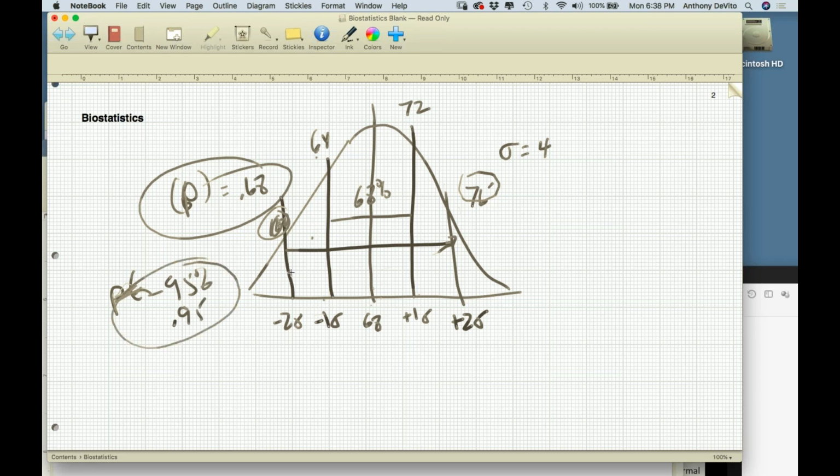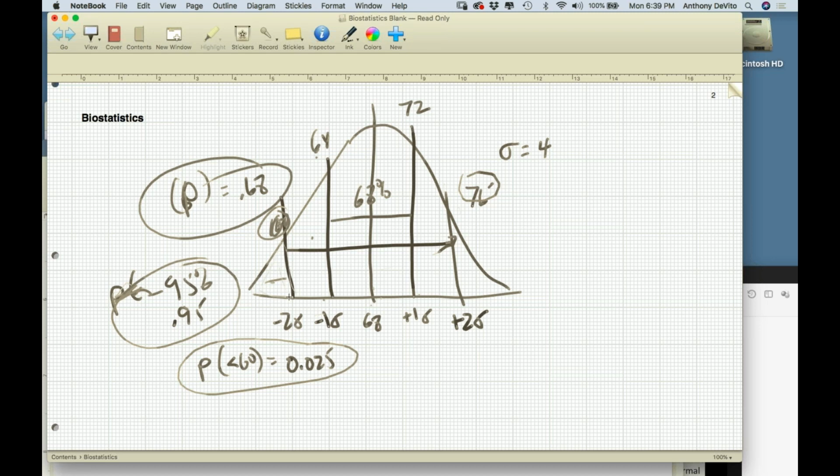What's the probability of picking someone that's less than 60 inches tall? Well, we know that the probability of less than 60 inches tall is going to be equal to 0.025. It's only a 2.5% chance of picking someone that's that height, because that's the percentage of people in the population.